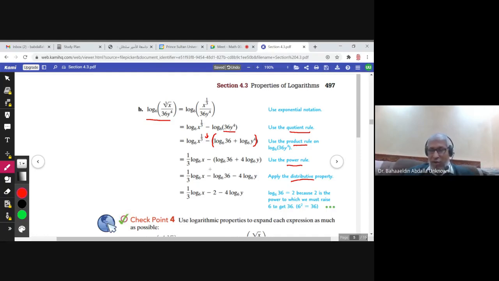So 1 over 3 log x minus log 36 minus 4 log y to the base 6. Remember, log 36 to the base 6 is 2 because 6 to the power 2 is 36. So log 36 to the base 6 would be 2. So this is the final answer.